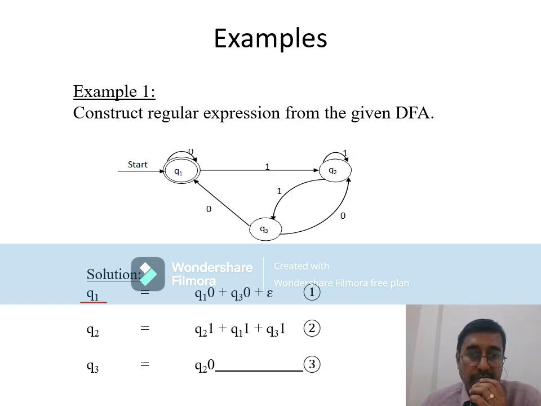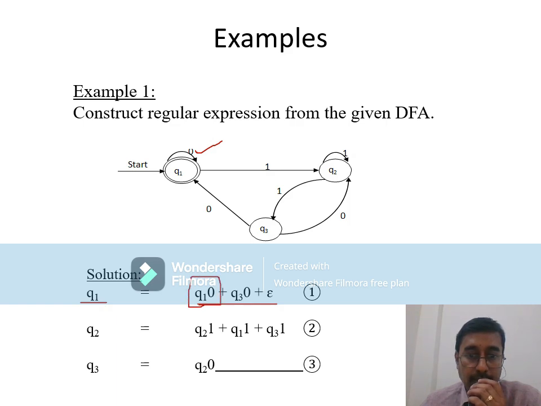To find the solution, I take the inputs coming into the q1 state and write them in an equation. For example, for the q1 state, the input is coming from the self loop 0 itself, so I write q1 0.